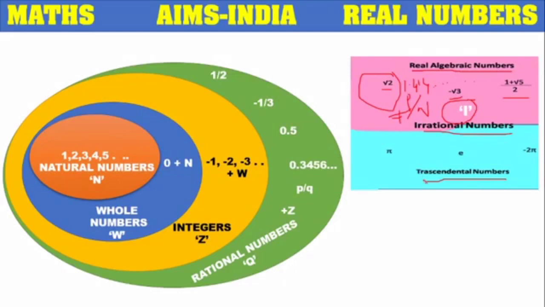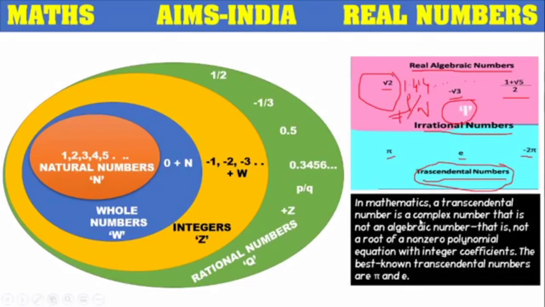That kind of numbers are termed as real algebraic numbers. So we have another kind of numbers called transcendental numbers. So pi, e, -2pi. So actually, what are these transcendental numbers? In mathematics, a transcendental number is a complex number that is not an algebraic number, that is not a root of a non-zero polynomial equation with integer coefficients.